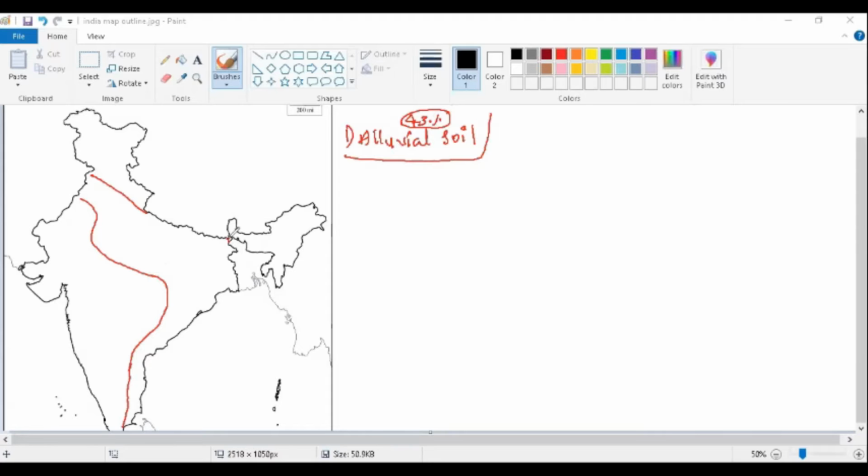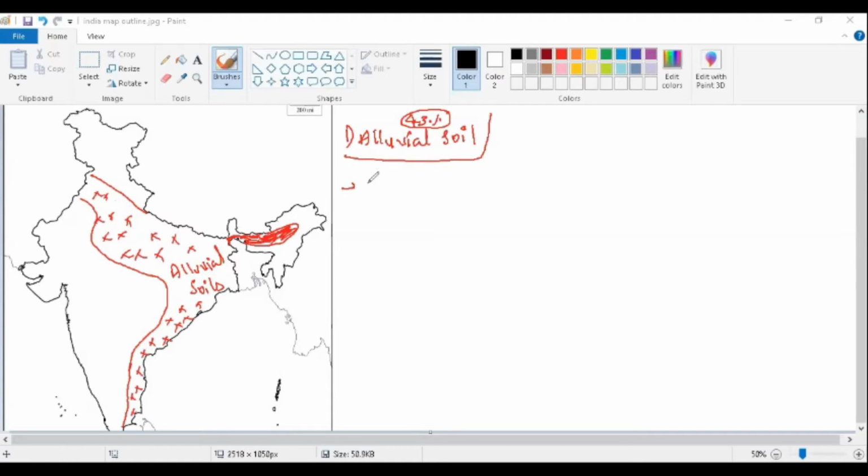It stops here, and here is the Assam plain, which is also alluvial soil. Coastal plains, which means deltas, have alluvial soil. So tell me any three characteristics of it.